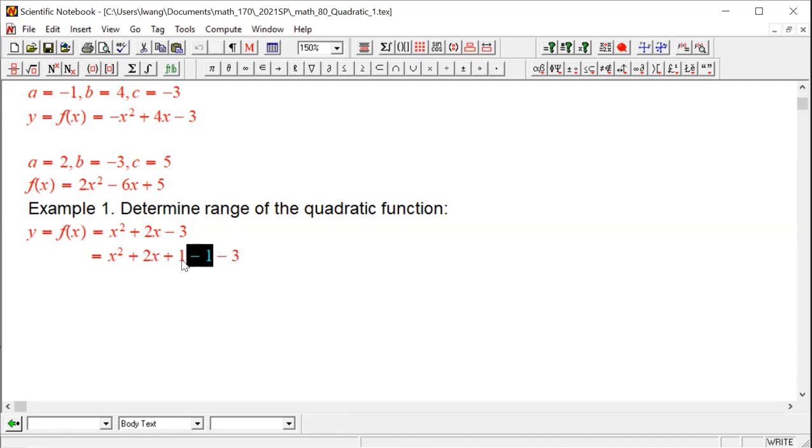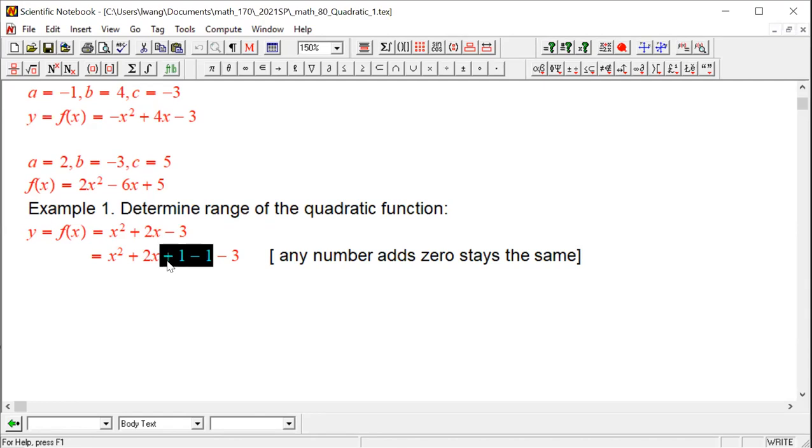So essentially, we're adding a 0. Any number plus 0 stays the same. So we added a 0.